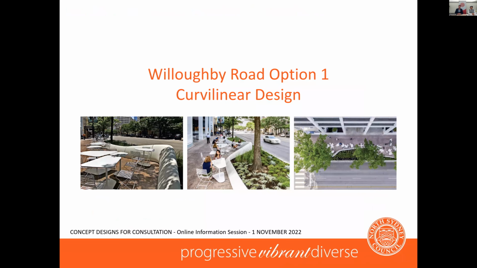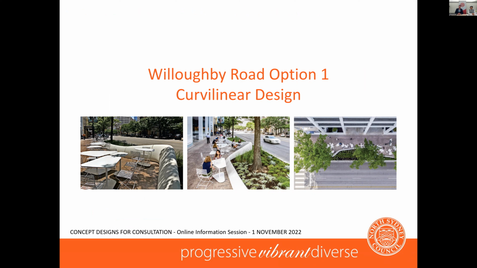Now, the two options have two very different approaches. They have two very different styles in how they've been presented. This first option is what we're calling the curvilinear design. It's very much an organic option.